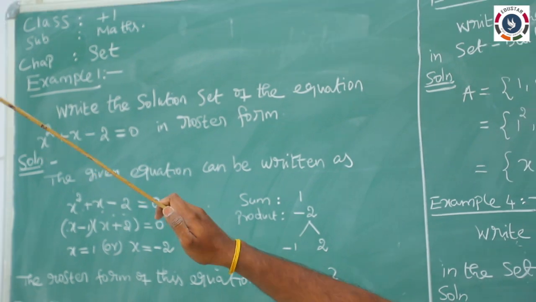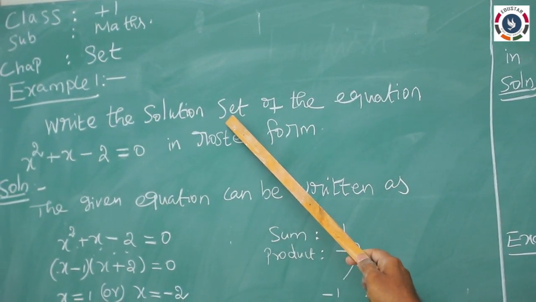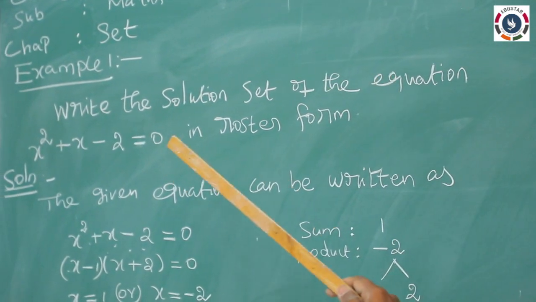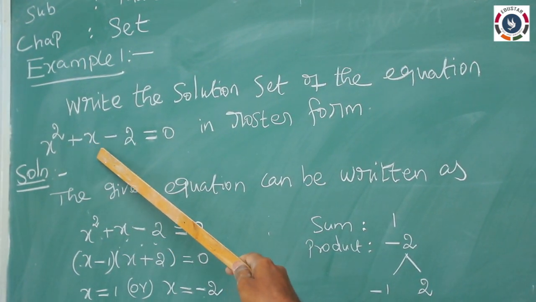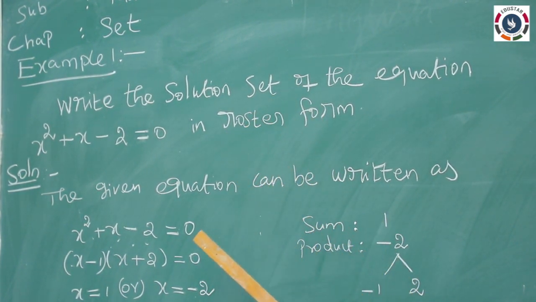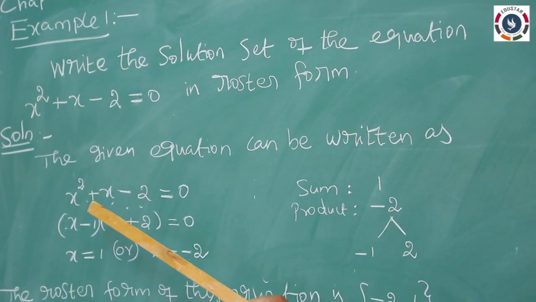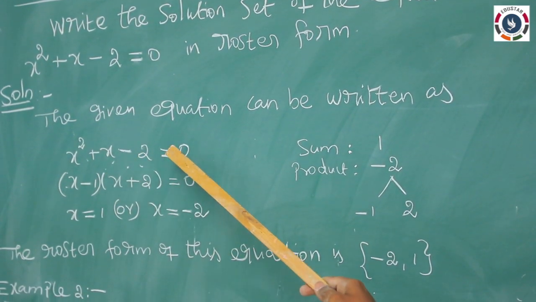First, example 1: write the solution set of the equation x square plus x minus 2 equal to 0 in roster form. The given equation is x square plus x minus 2 equal to 0.